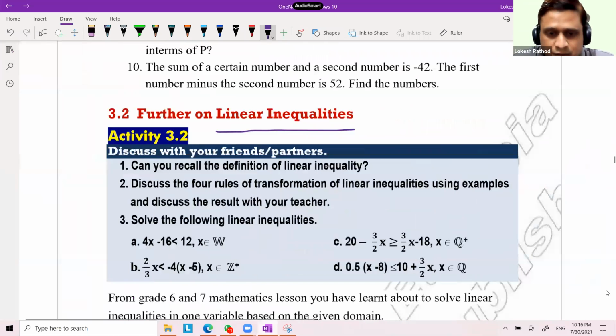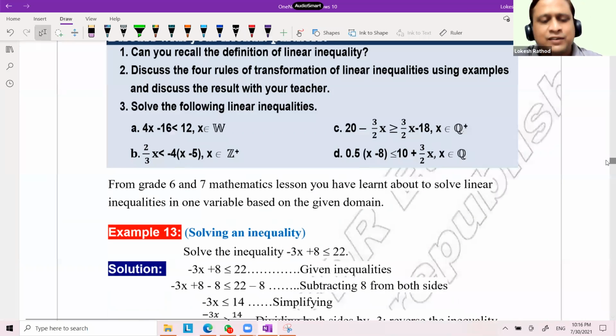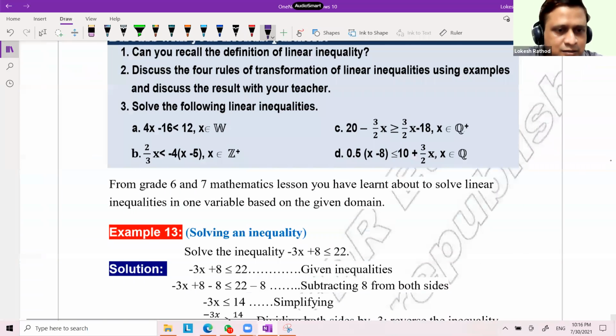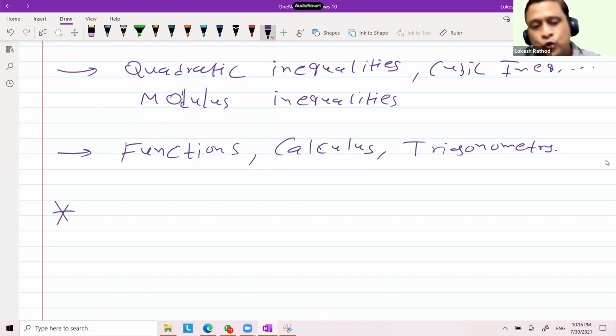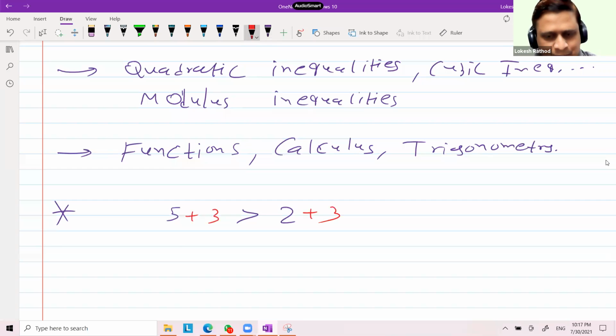So let's start. So first, the basic rules of inequality, right? If you add any number to both sides of an inequality, the inequality remains the same. Say 5 is greater than 2. I know it, right? So if I add 3 to both sides, the inequality remains the same. If I subtract 3 from both sides, my inequality remains the same.